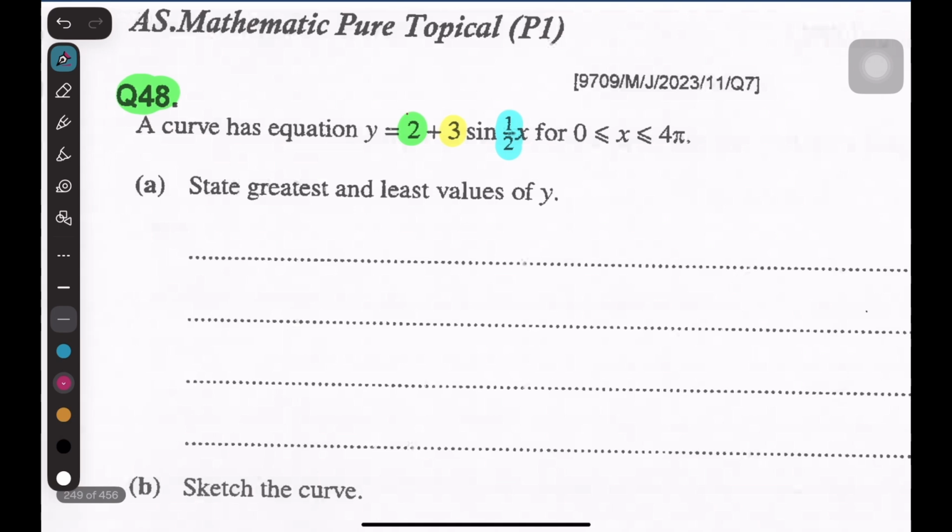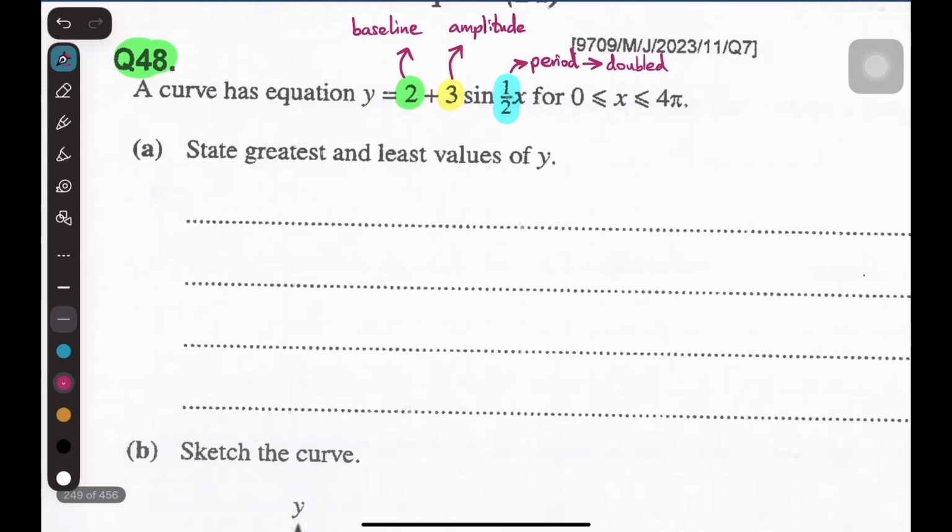So this 2 represents the baseline, the 3 represents the amplitude, and then half represents the period. Remember, over here the value is half, so that means period will be doubled.